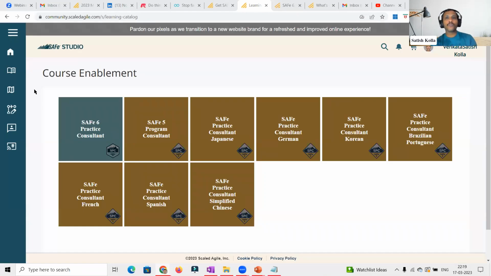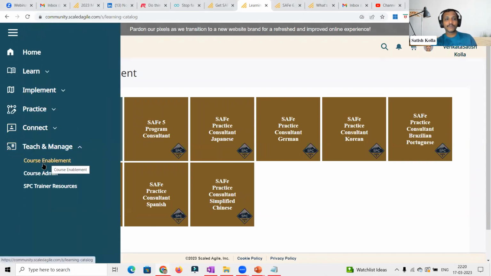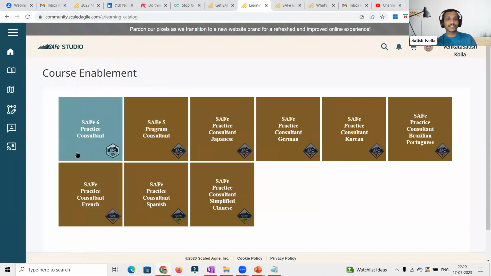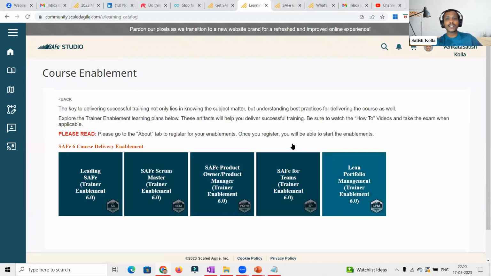The first step is, as an SPC, you need to complete the version 5 to version 6 upgrade. Only when you complete the upgrade, you go to the course enablement, and that's where this SAFe 6 Practice Consultant is highlighted. Click on it, and only the 5 courses are made available right now as part of the course enablement.